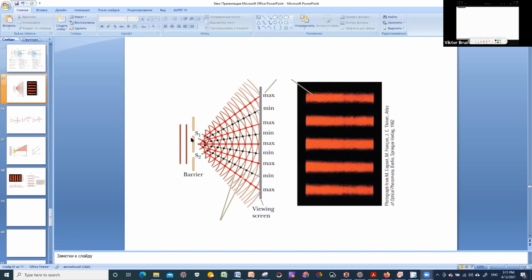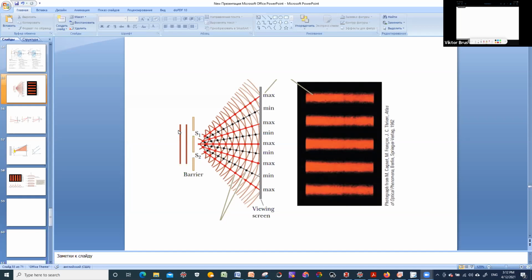However, if this slit gets very small, because of diffraction, these two slits could be considered as point sources of electromagnetic waves of the same frequency.